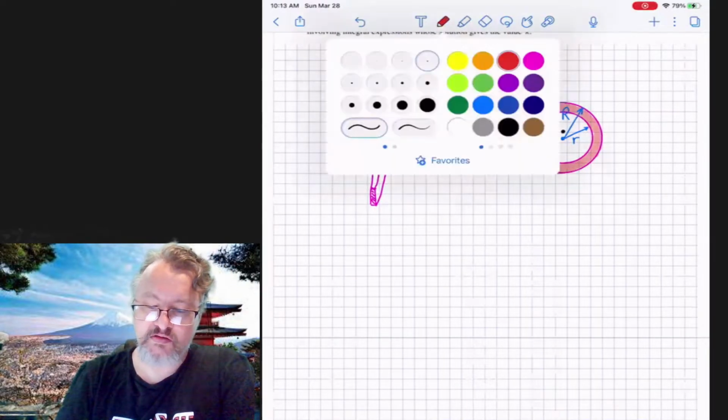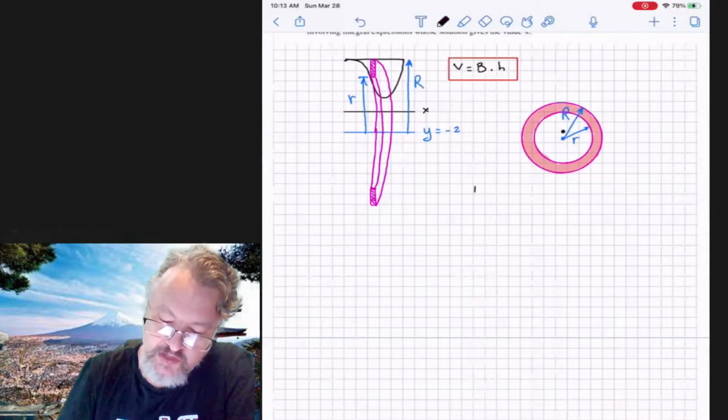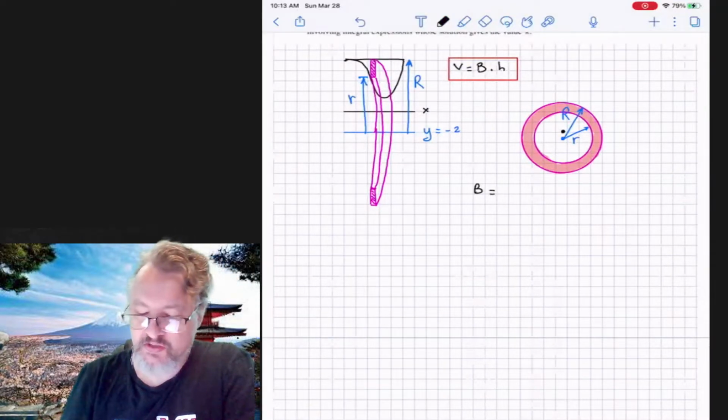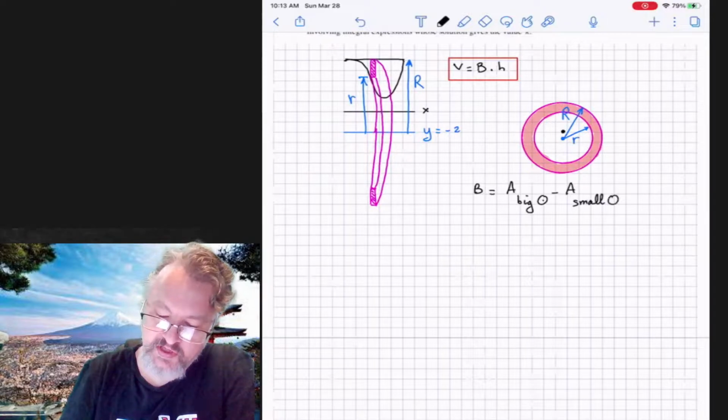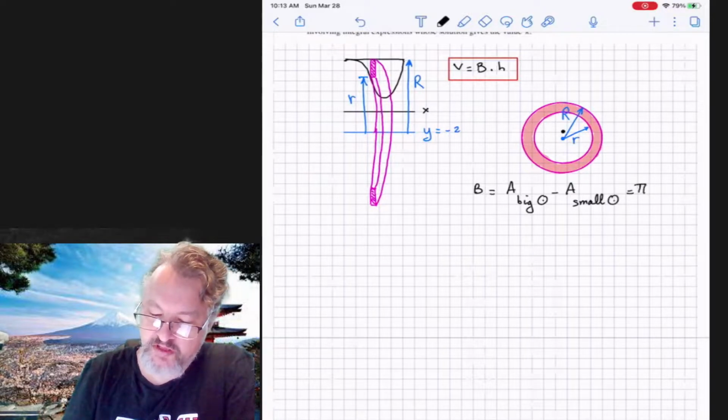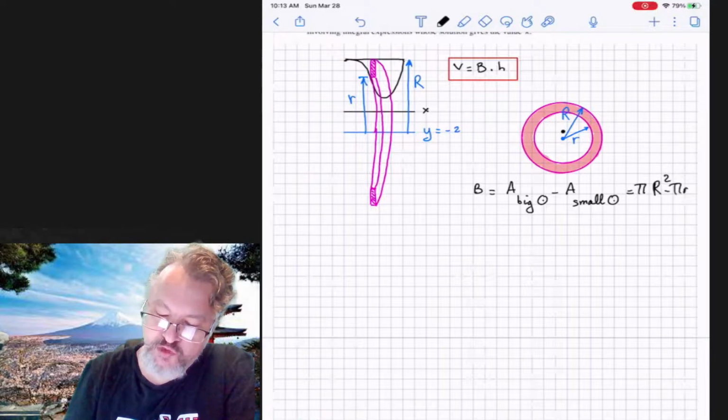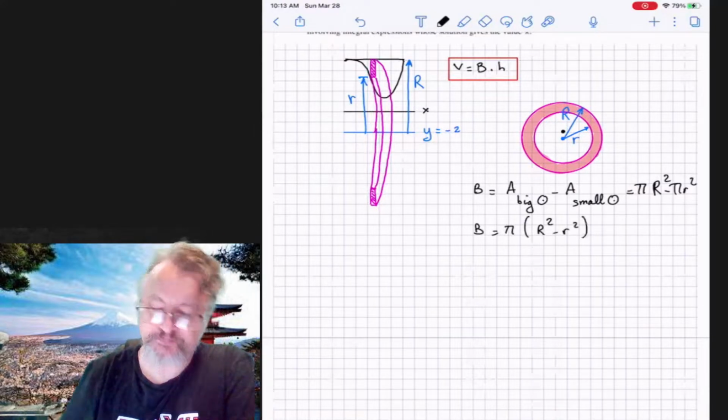That means this base is equal to the area of the big circle minus the area of the small circle. So it will be pi times big R squared minus pi times small r squared. So the base is pi times big R squared minus small r squared, like this.